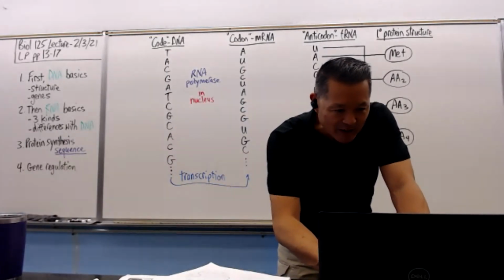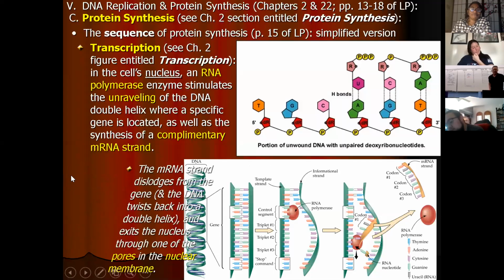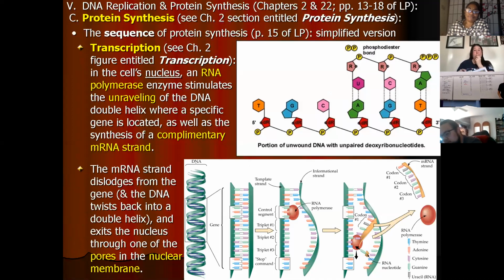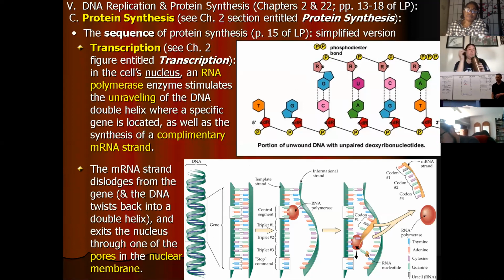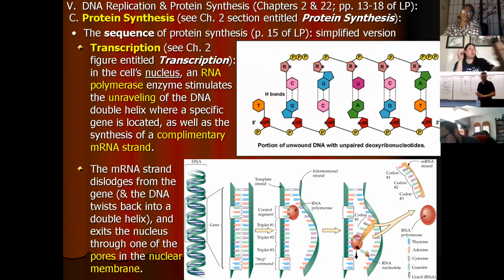All right, let's go on here. When there is a terminator sequence, it causes RNA polymerase to fall off, transcription stops, the single strand messenger RNA dislodges and exits the nucleus because it's got to go out to the cytoplasm.